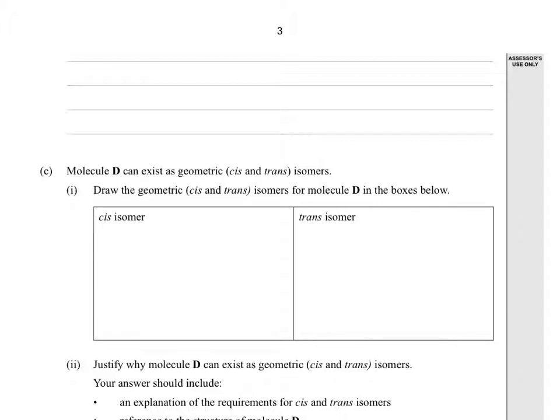Molecule D, which I'll just redraw here, CH3, CH2, CH, CH, Cl.